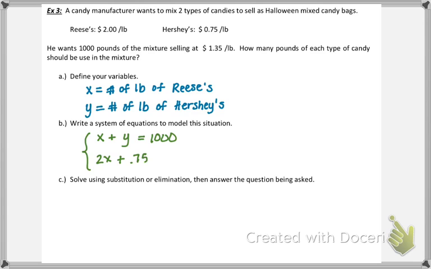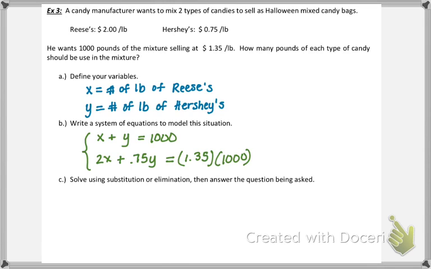So Hershey's are 75 cents, so I'm going to put 0.75, in terms of dollars a pound, and we're going to multiply by however many pounds we put in. So 2x will be the cost of all of the Reese's in my mixture, and 0.75y will be the cost of all of the Hershey's in my mixture. And the total cost has to equal, we're going to sell it for $1.35 for 1 pound, but we have 1,000 pounds. Okay, so the second equation is about cost.